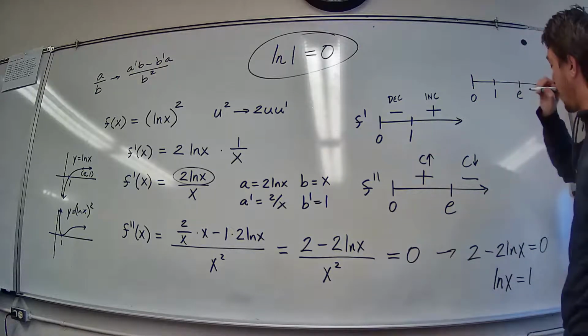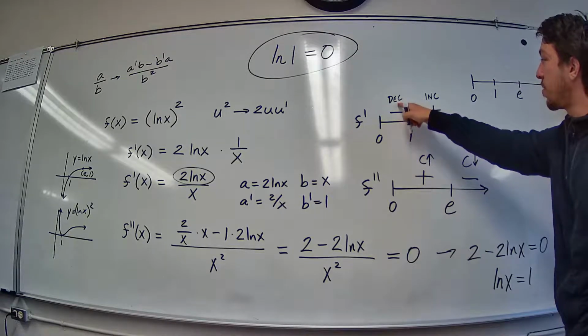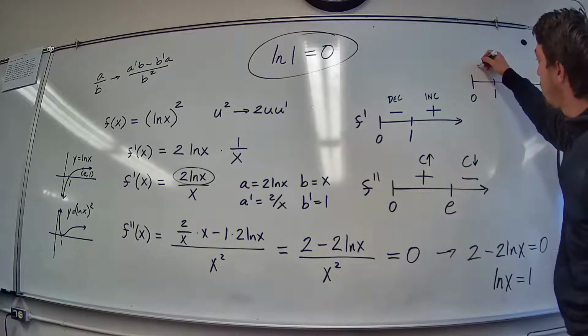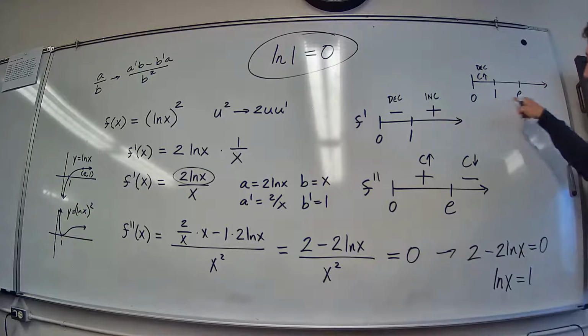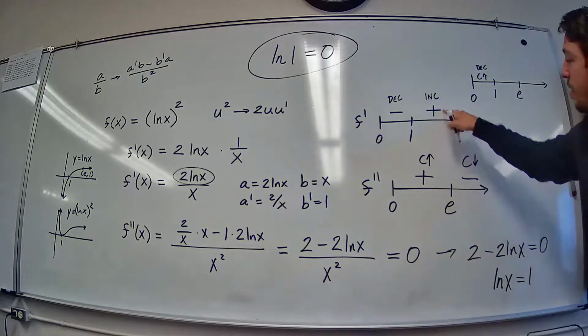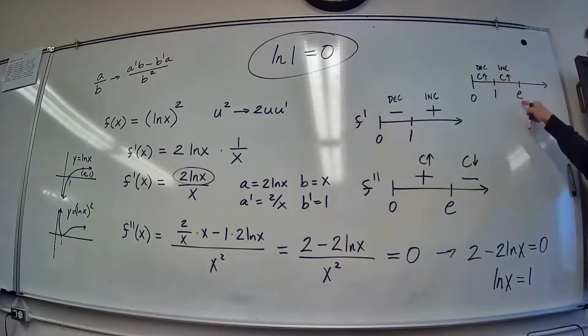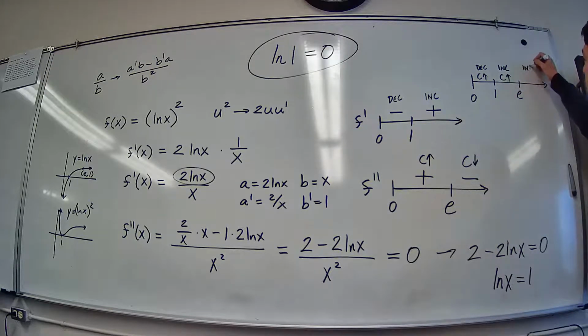Macaroni type of noodles, not any other kind. So between 0 and 1, we were decreasing and concave up. Between 1 and e, we are increasing concave up. And between e to infinity, we are increasing concave down.